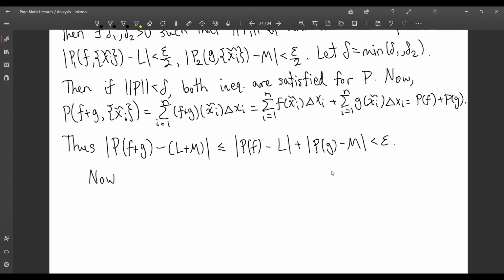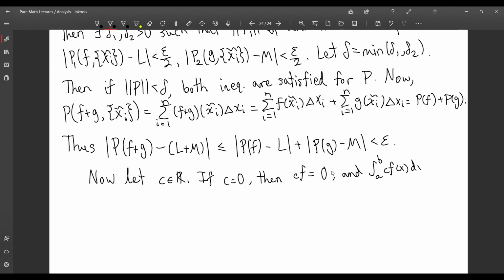So that's the first part of the theorem. Now we're going to deal with constant multiples. So let c be a real number. The first case, sort of a pesky case, is if c is equal to 0. Then c times f is equal to 0, and we know that the integral of a constant function is just that constant times the length of the interval, so this is 0 times b minus a, which is 0.